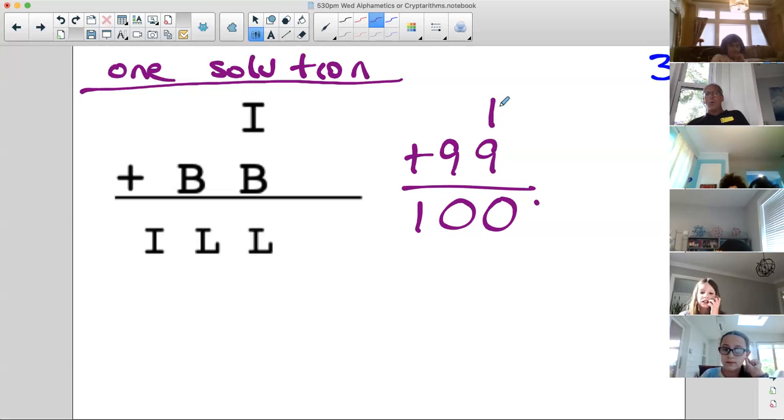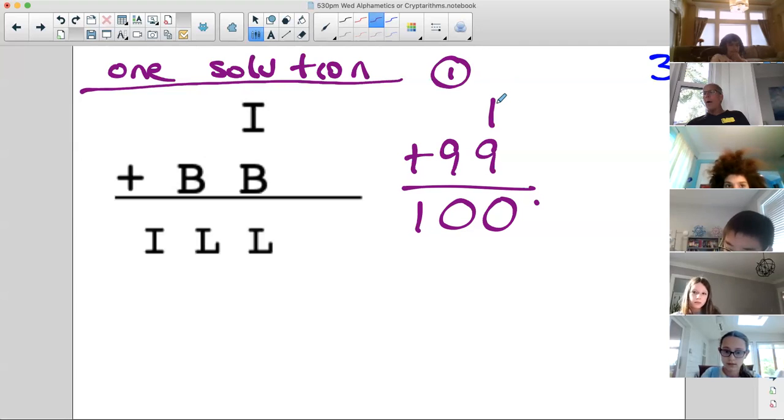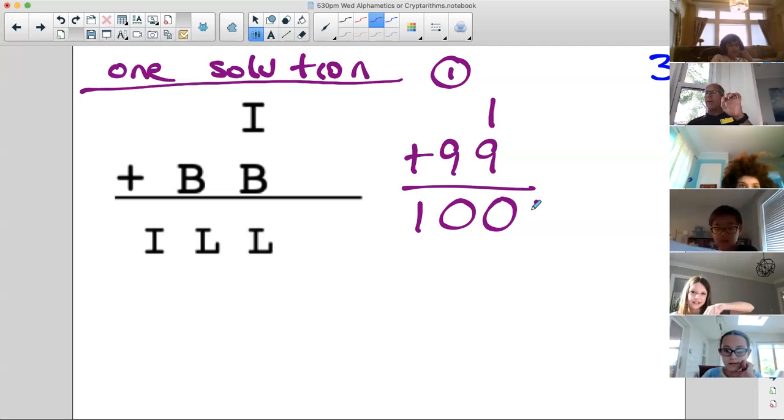This is the only solution possible. When you have one solution problems, they are usually all about 1s, 9s, and 0s, because they're very unique.